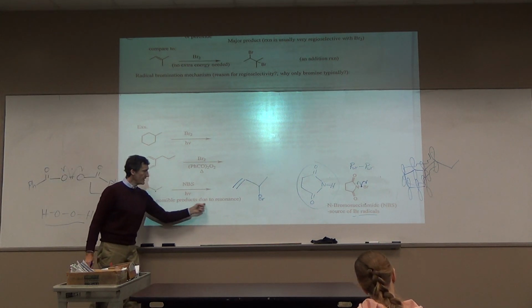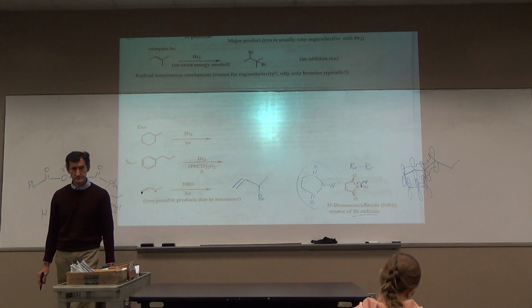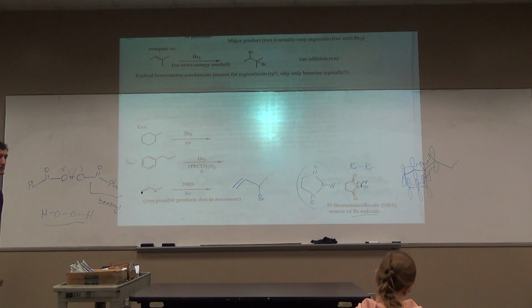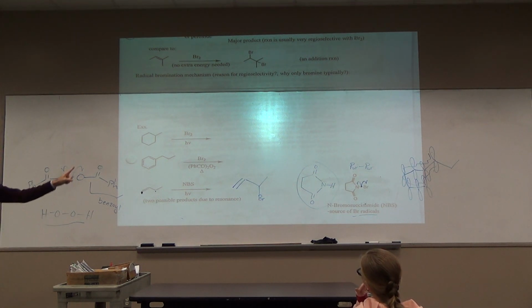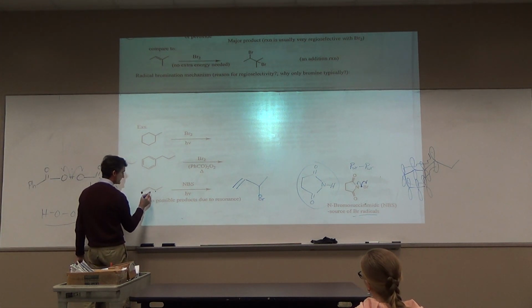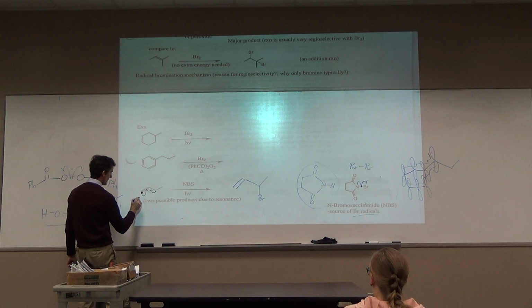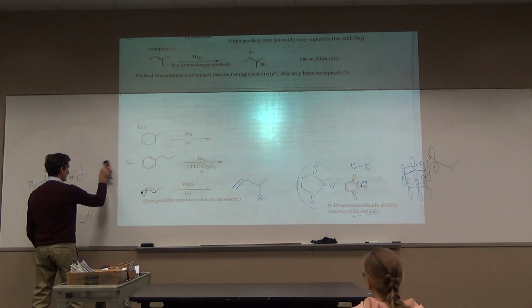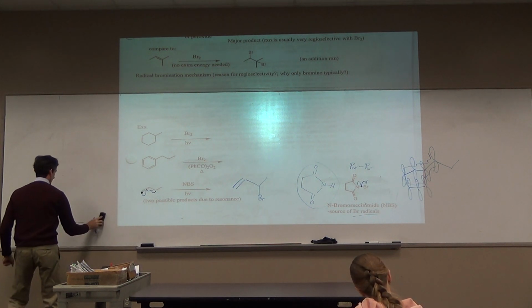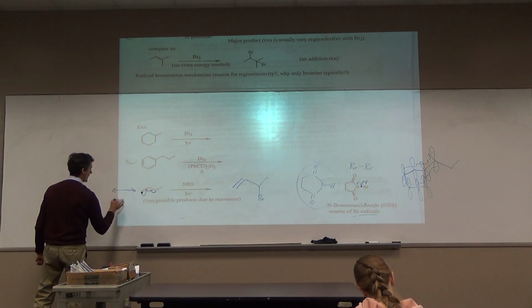There's another possible product here because of resonance. Allylic bromination. What's another possible product? We do resonance here. This electron comes in here, teams up with one of those, and this one moves out here, and we get resonance arrow.